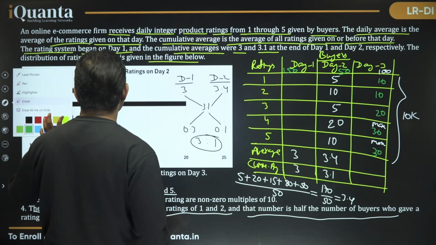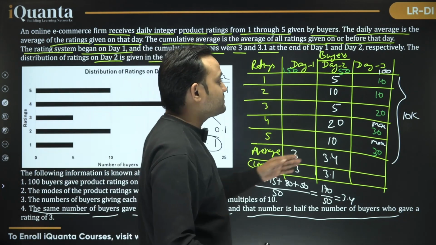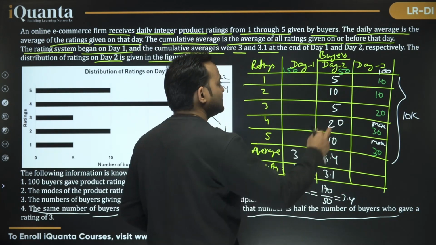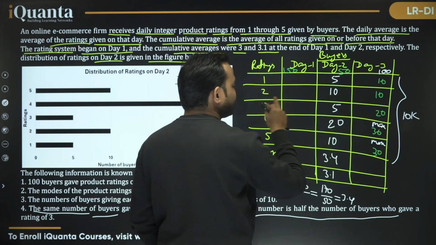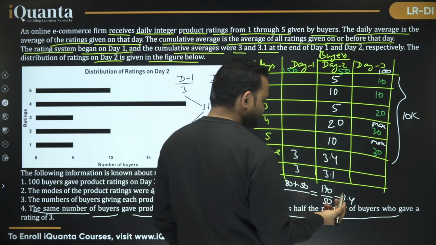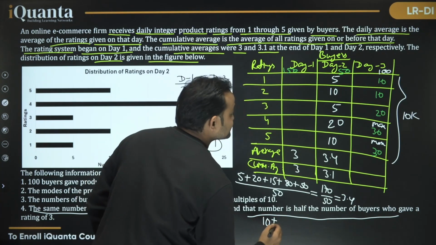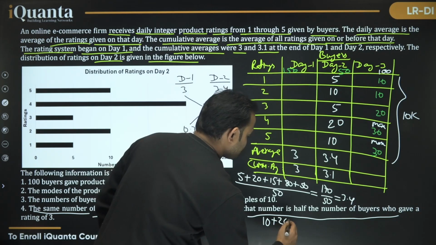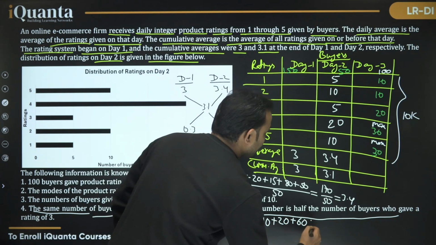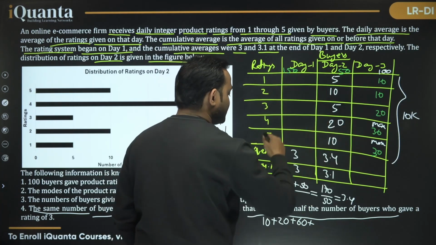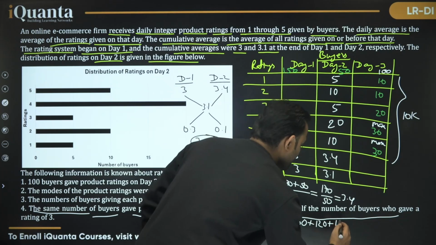So what is the total number of buyers? That is already 100. Now can we calculate what the average will be here? Think about this. 10 into 1, 10. 10 into 2, 20. 20 into 3, 60. So let's add these values: 10 into 1, 10, plus 20, 20 into 3, 60, plus 30 into 4, 120, plus 30 into 5, 150.